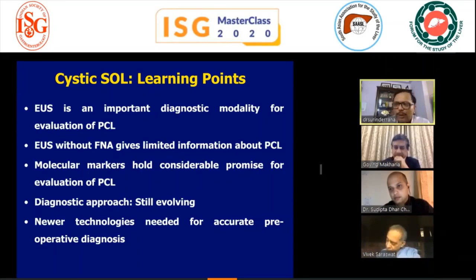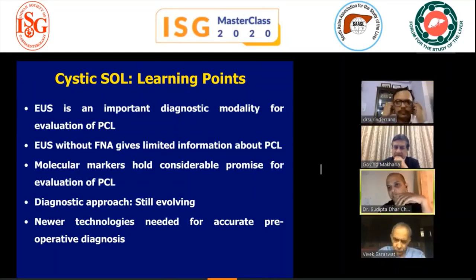Obviously, once you are going inside and directly sampling, it will have a better specificity. So pancreatoscopy and intraductal ultrasound are other imaging modalities which can probably help in better preoperative characterization of main duct IPMN, especially in patients who are borderline risk for surgery. Suppose a patient is a good candidate for surgery and you see a polypoidal lesion in the duct more than 10 millimeters, you probably go ahead with surgery rather than subjecting patients to these investigations which carry a risk of post-ERCP pancreatitis.